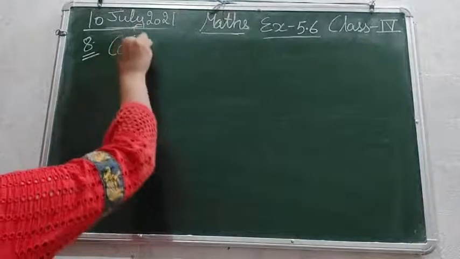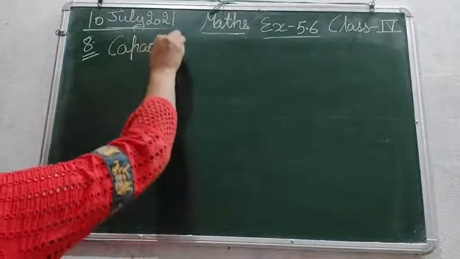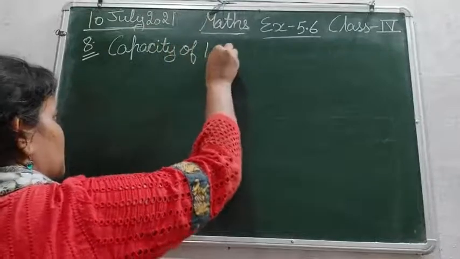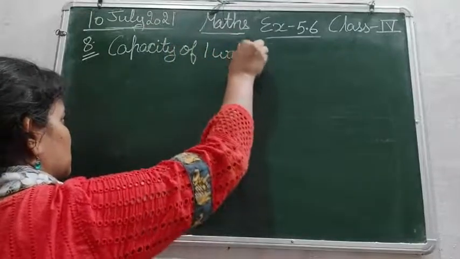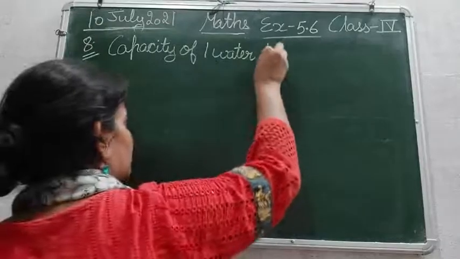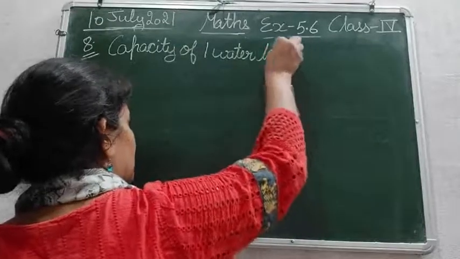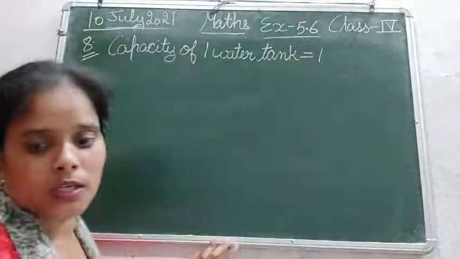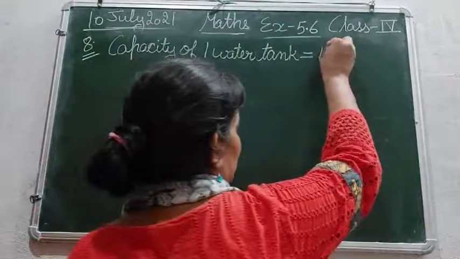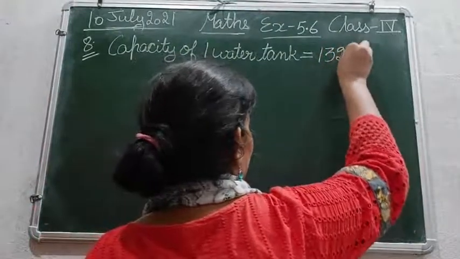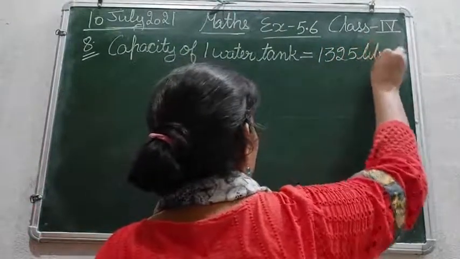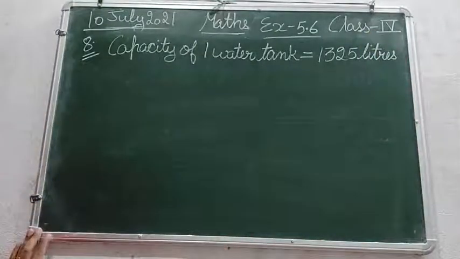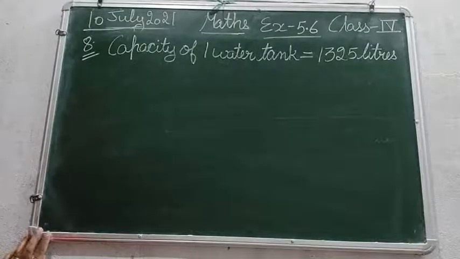Capacity of one water tank is equal to 1325 liters. So the capacity of one water tank is 1325 liters.